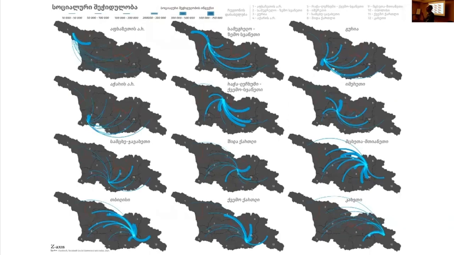Of course, if you want to be very scientific, anyone who lives in that region should have a similar probability of being included in the data gathered. That would be the ideal situation, and if you do not have that, it's not very scientific. But I think 300 people in a day might represent a region, especially those regions with very small populations, like Zemo Svaneti and Samegrelo. What else?